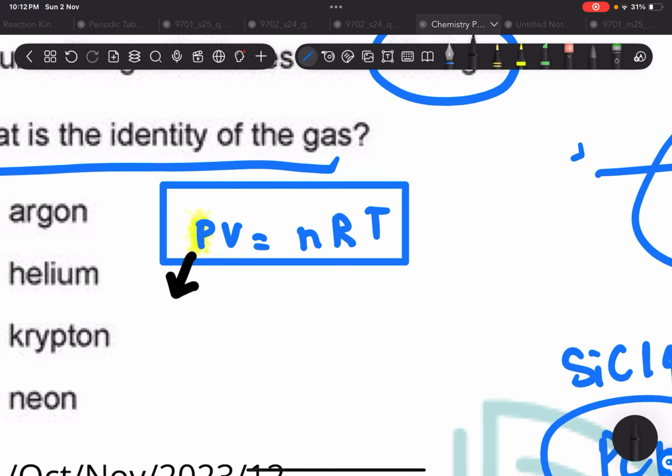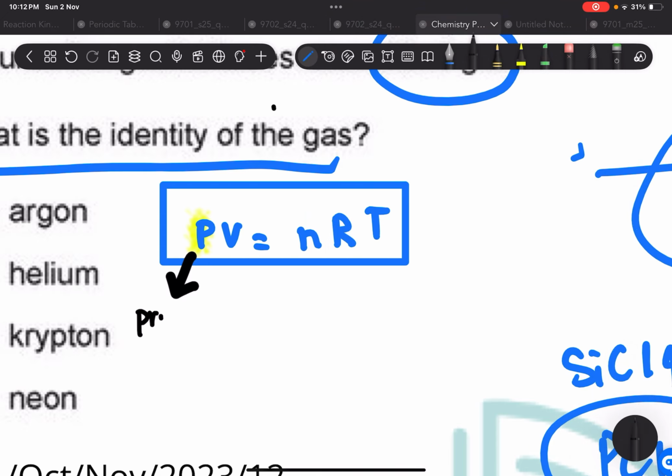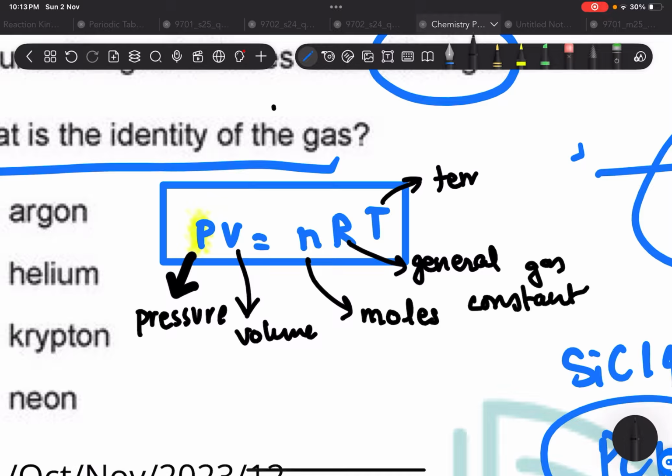I'm going to tell you all, don't worry. P is your pressure, V is your volume, n is your number of moles of that gas, R is the general gas constant, and T is your temperature.